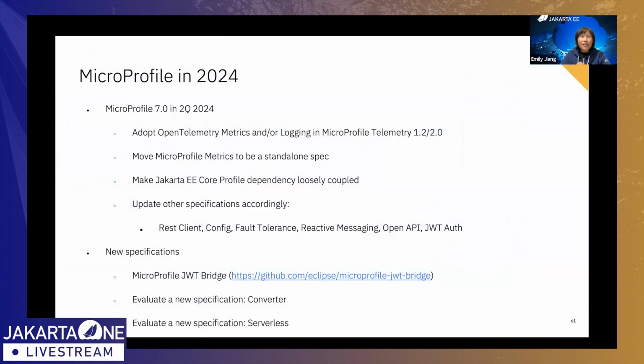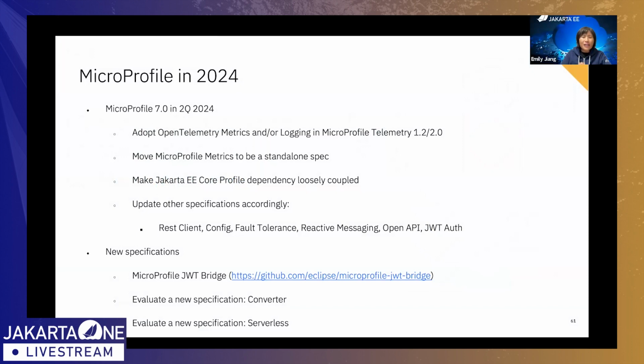Let me end with MicroProfile in 2024. I mentioned earlier that we are going to adopt metrics in MicroProfile Telemetry, and also move MicroProfile Metrics to be standalone, and make the Core Profile loosely coupled so you can mix and match. We are also going to update other specs; most of the specs will be updated.